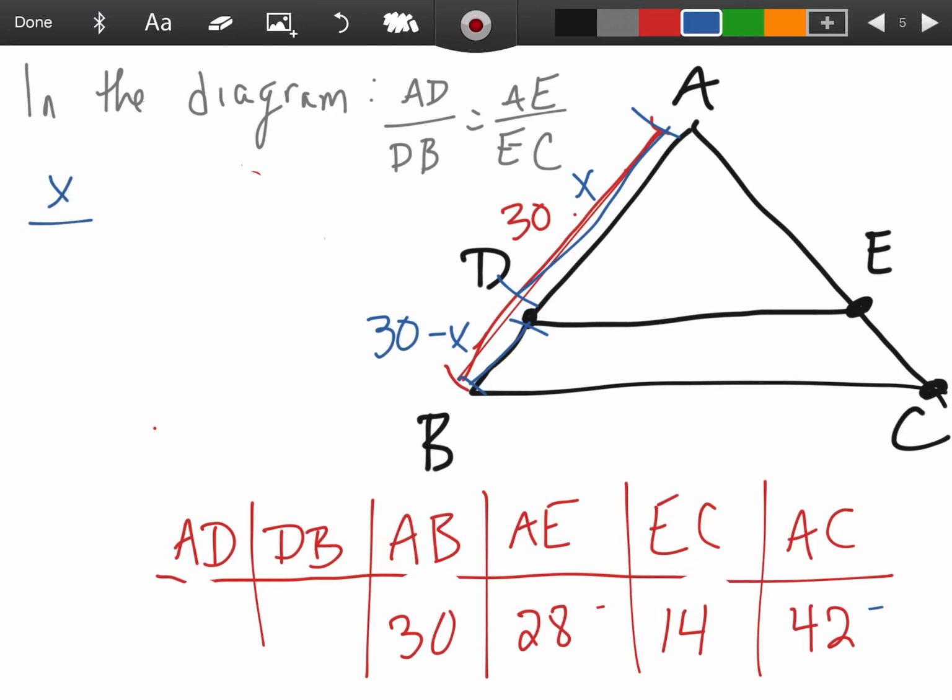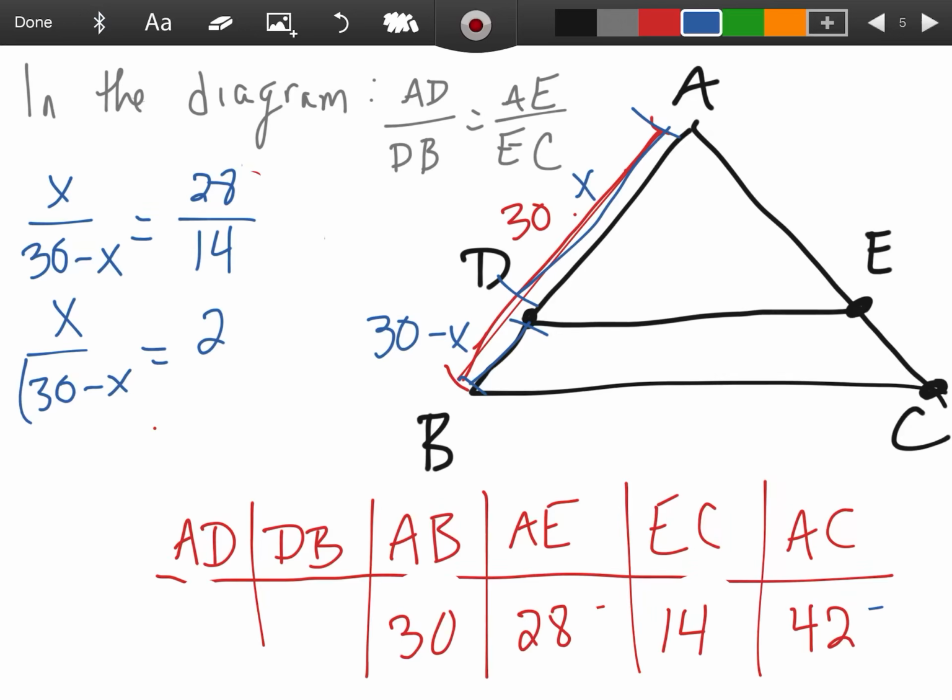Now I can set up my proportion: X over 30 minus X equals 28 over 14. What I would do in this situation is simplify the right side, so X over 30 minus X equals 2 over 1.